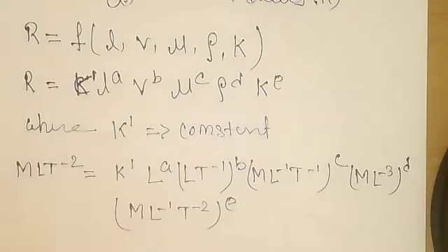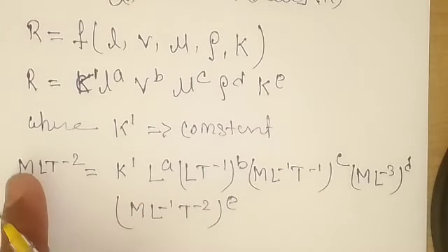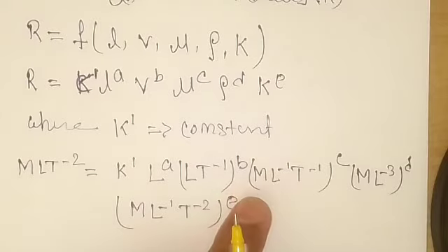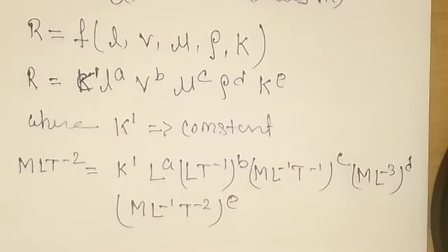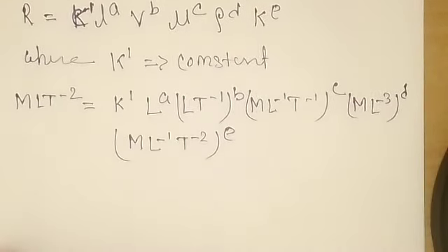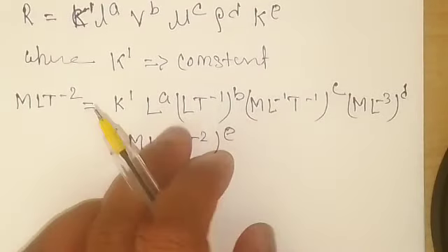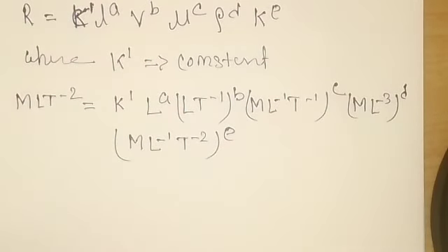Now the question is already done, you have to equate the powers for M, L, T, and then you'll get the arbitrary power values a. So first of all, you have to remember these dimension formulas, as you already know from your physics.